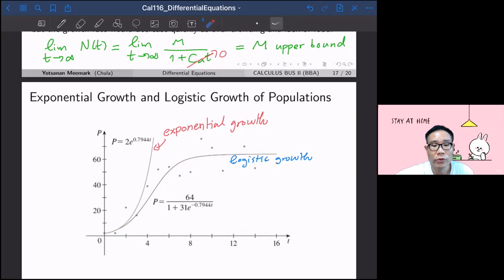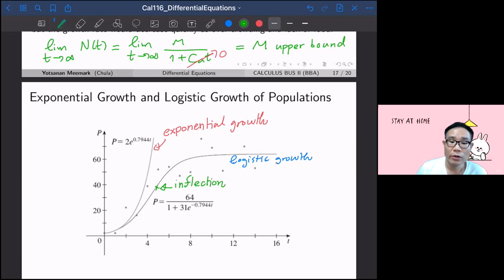And you see that you're going to have a point where the growth flips. So the name for that point will be the inflection point. So this one is called the inflection point.